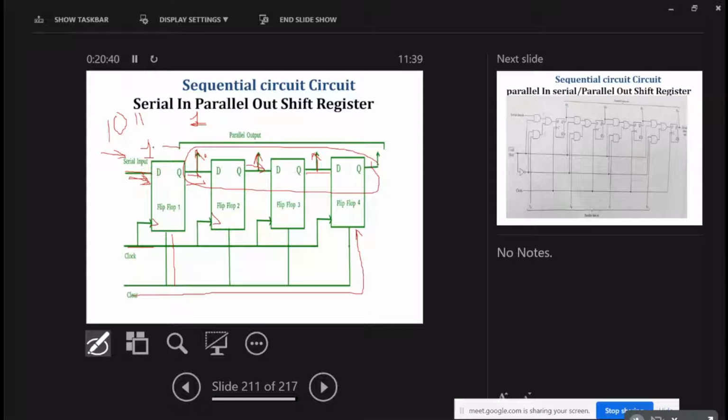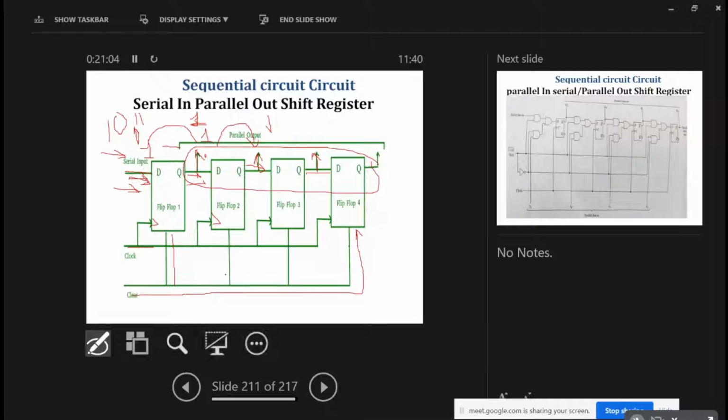In the second clock pulse, we give 1 at the first flip flop input, and the 1 already there is shifted to the second flip flop. So the condition will be 1 1, and initially it is 0 0.